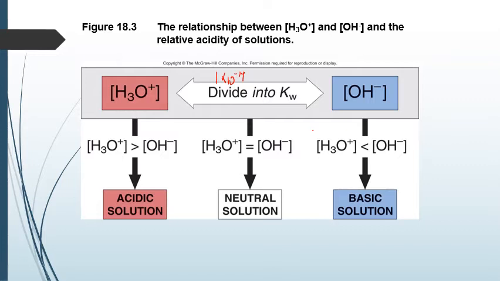So just as an example, if I told you that we had an acid solution that was 5 times 10 to the minus 3rd power, I could simply take the 1 times 10 to the negative 14th and divide it by 5.0 times 10 to the negative 3rd, and when we get our answer, we would have 2.0 times 10 to the negative 12th molar OH minus.